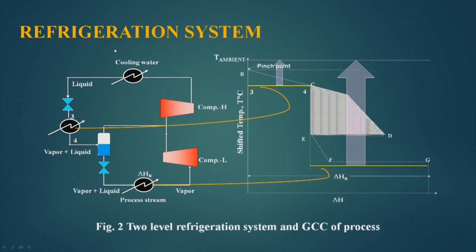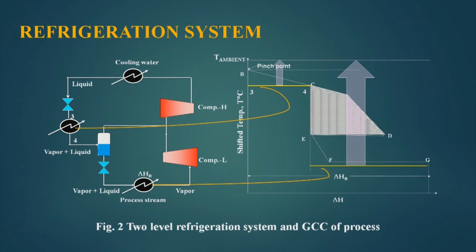Now, this is the condenser where, at ambient temperature, the heat is being rejected. So, this is how the compression refrigeration part of the system will work to satisfy the cooling load of this GCC.